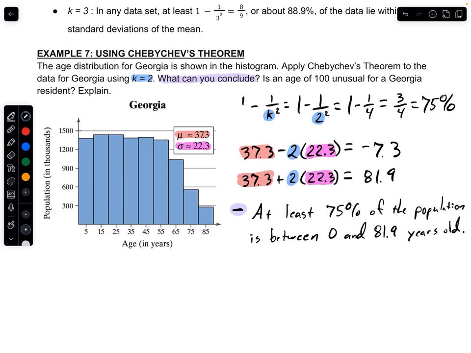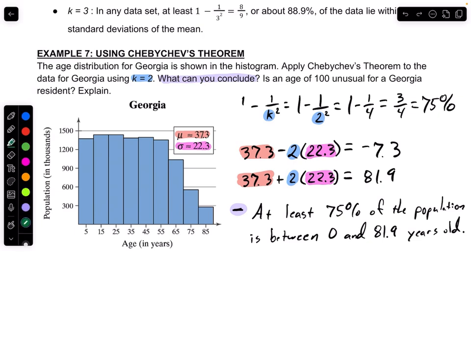So you'll use Chebychev's theorem to get your percentages, and then you'll use this work here to find the bottom and top number, in terms of your standard deviation. So that's the first question, what can you conclude? We can conclude that 75% of the population is between 0 and 81.9 years old.